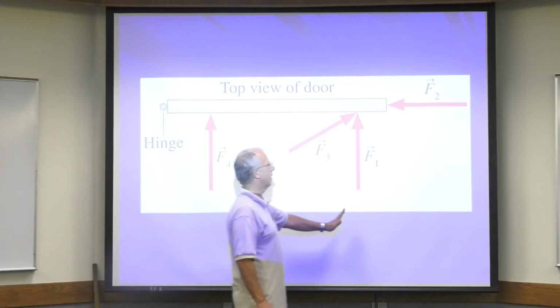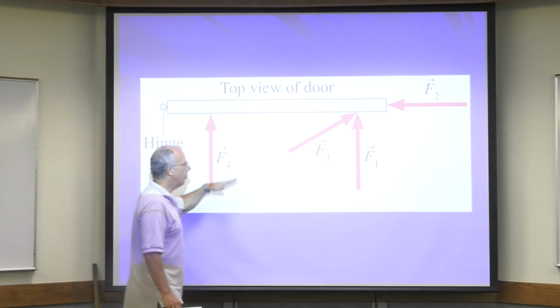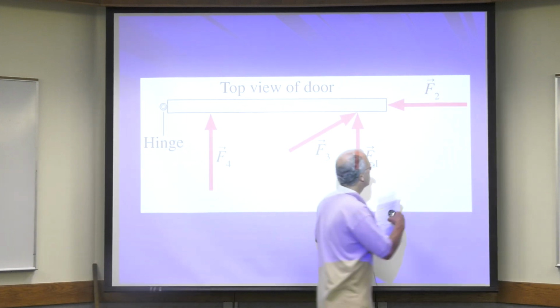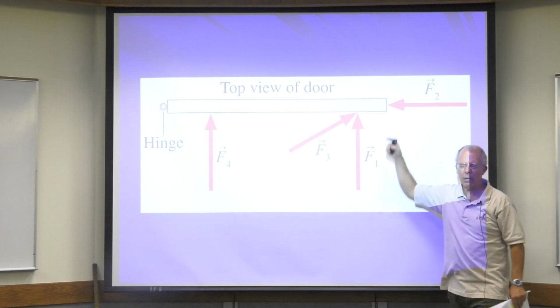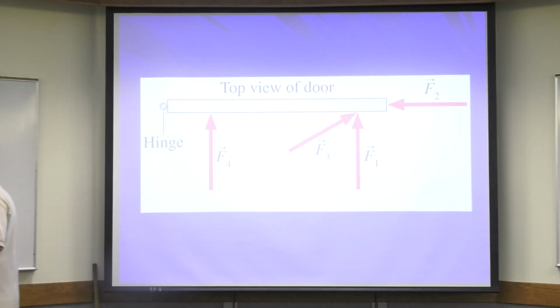You're going to do this, correct? If you do this, it's going to be really challenging. If you do this, it's going to be challenging. If you do this, total waste of time. It's not going to open the door, right? Okay, so obviously we have to get an equation for torque, and we're going to have a couple of them.